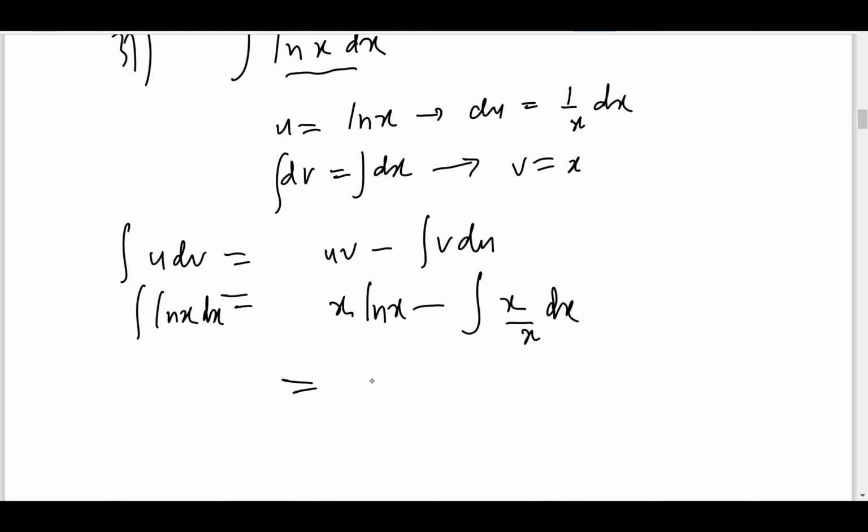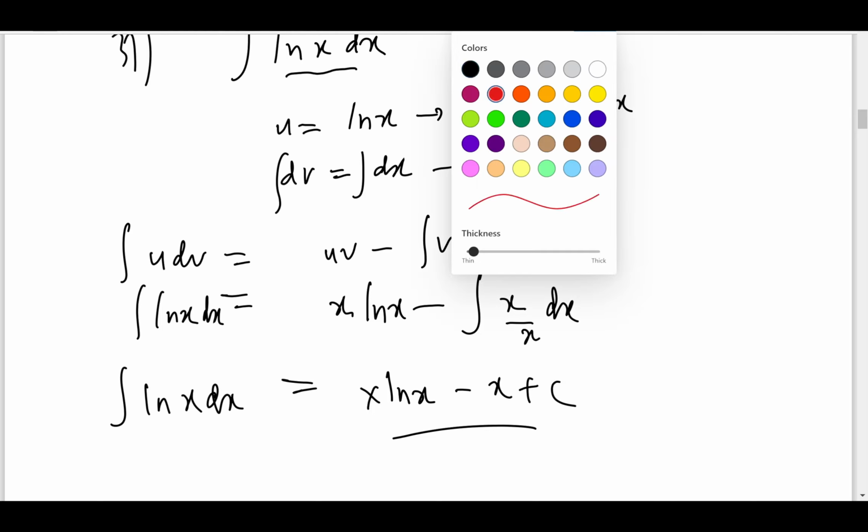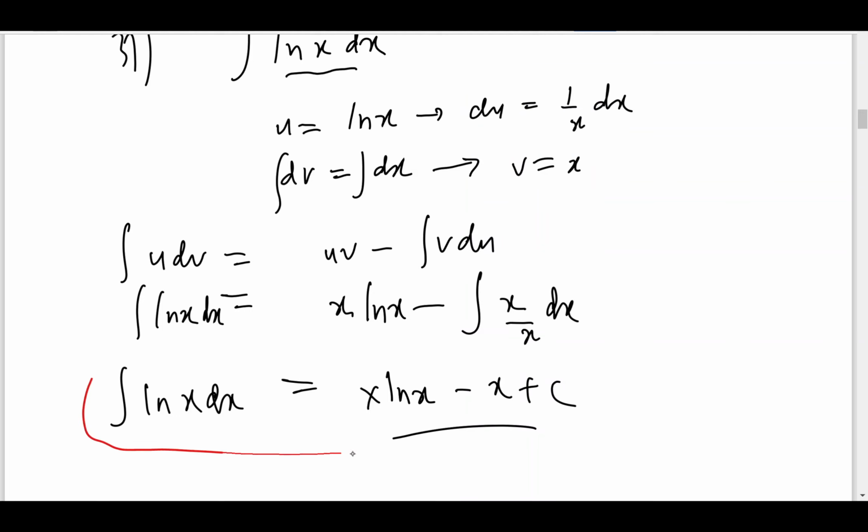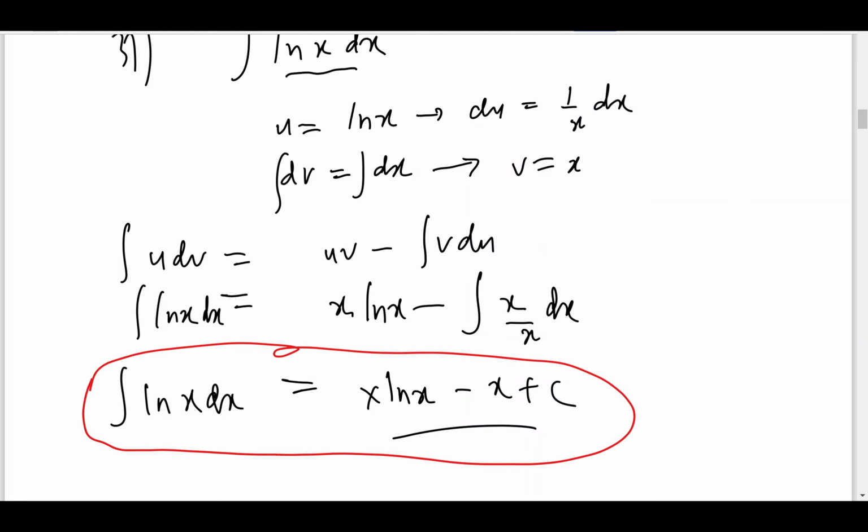This is equal to x ln x minus x plus a constant. Dear students, the integration of ln x dx is x ln x minus x plus a constant.